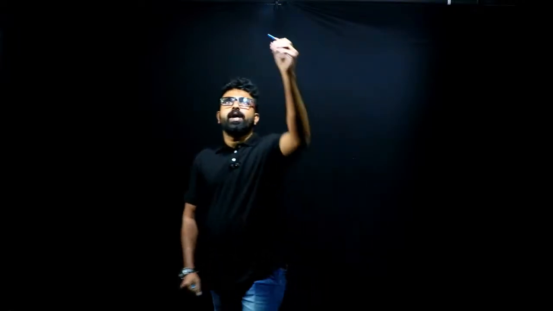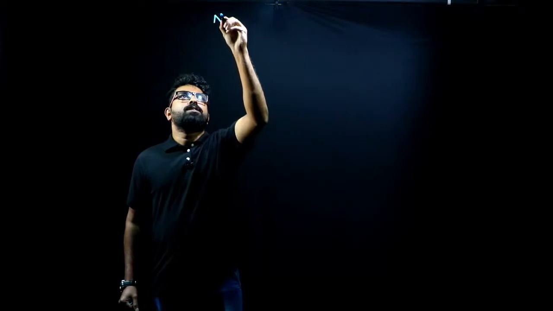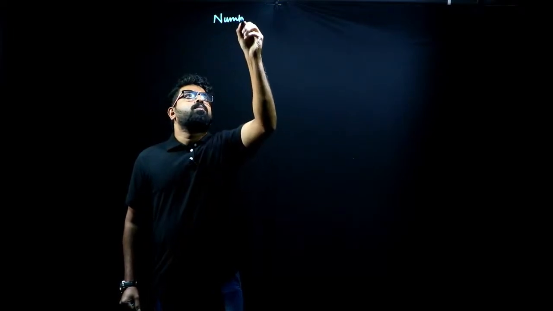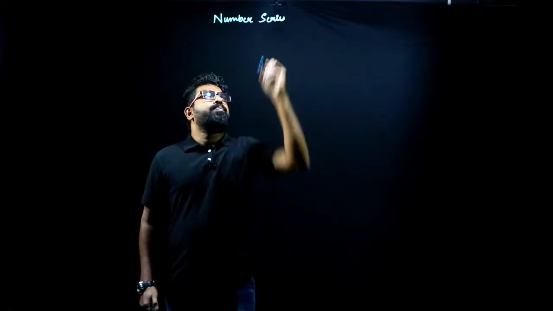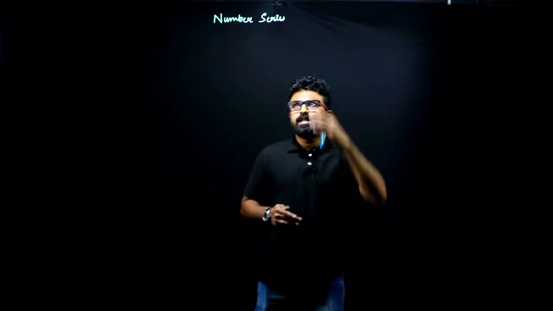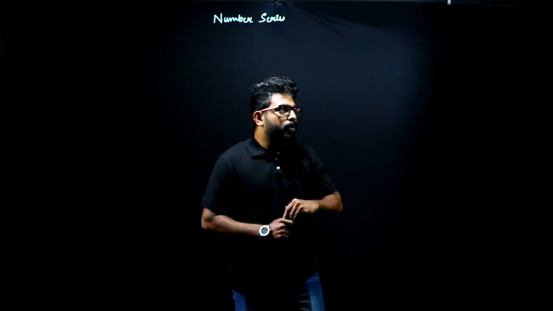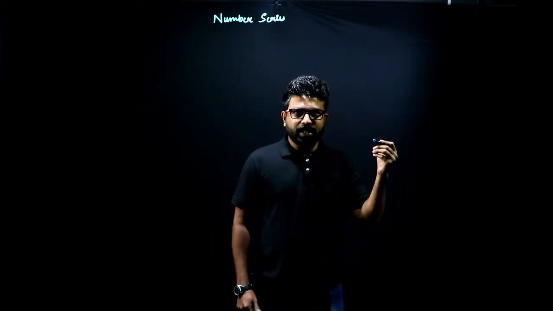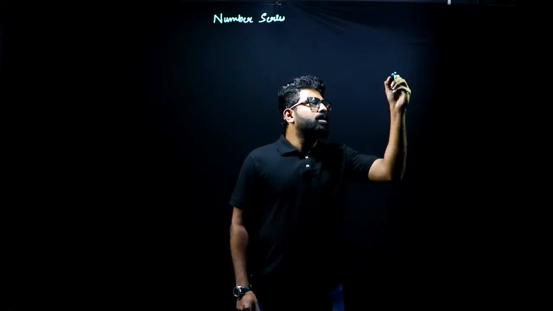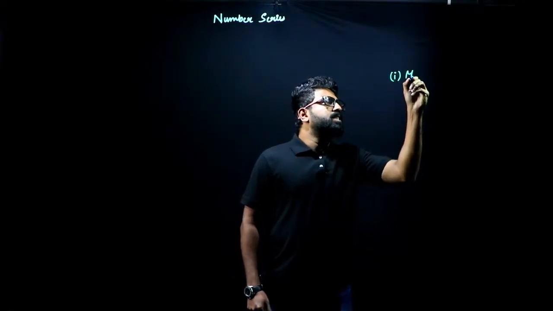previous session, we had discussed number series. What all did we discuss in number series? We saw what are the different types of questions that can be asked in number series. What are they? First one could be missing terms.